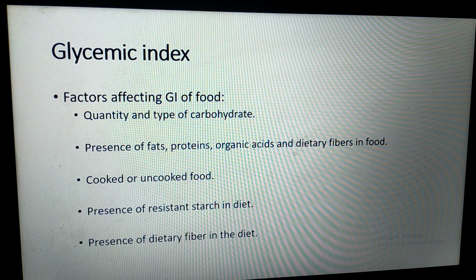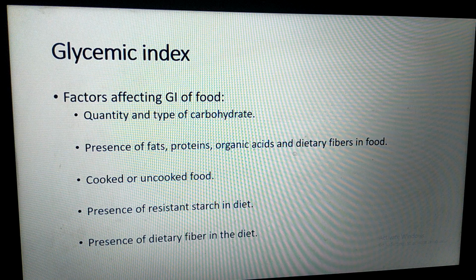Next factor is cooked and uncooked food. If we consume cooked food, it is easily digested and therefore easily absorbed, so it will have a high glycemic index as compared to uncooked food, because uncooked food is not easily digested and absorbed. Then the presence of resistant starch in the diet.